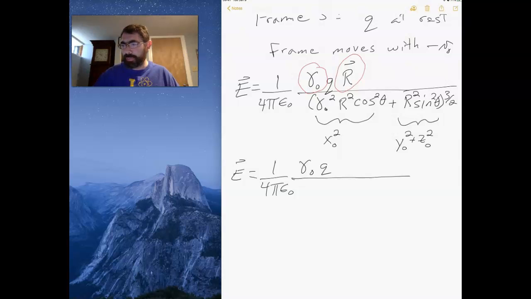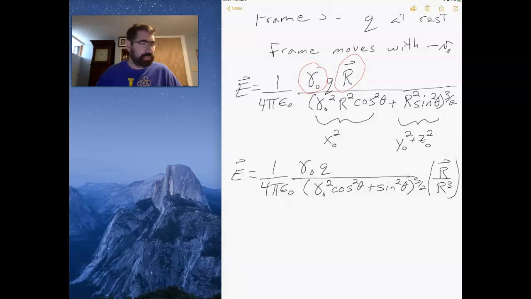So I'm going to be left with gamma 0 squared cosine squared theta plus sine squared theta to the 3/2 power times r divided by r cubed, like so.